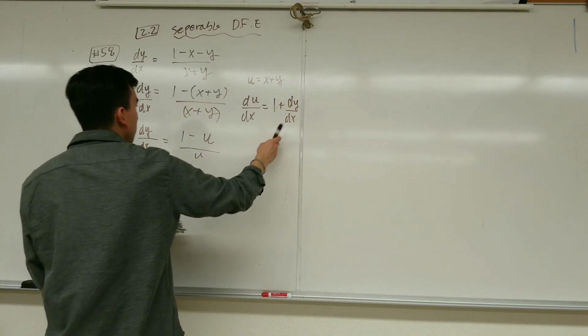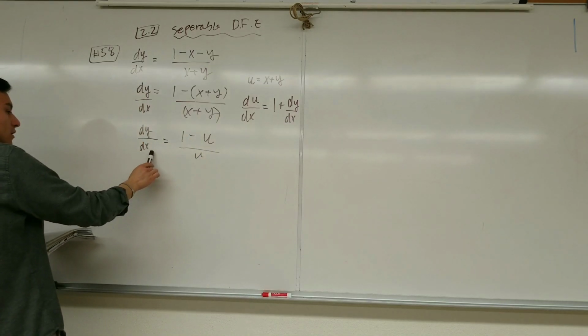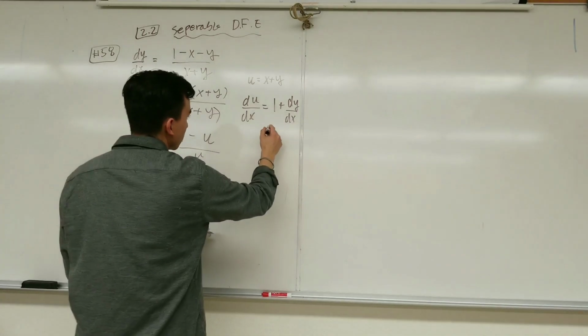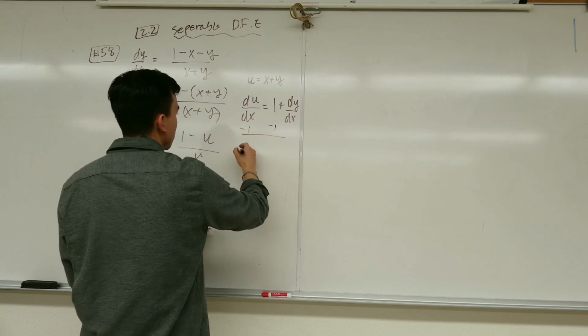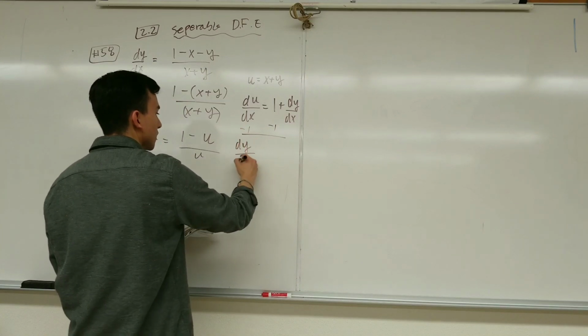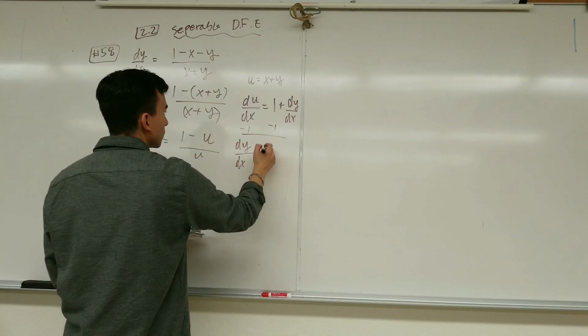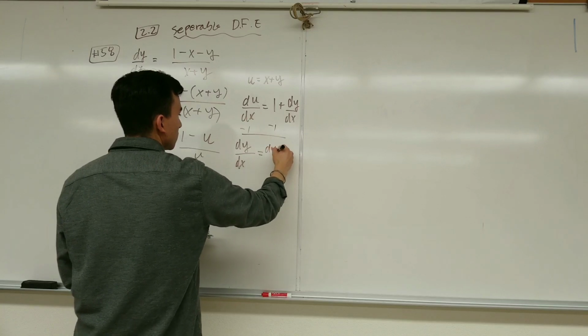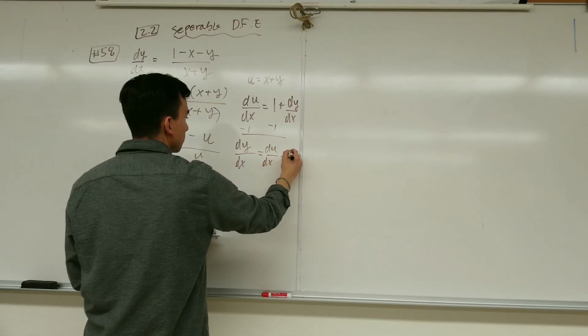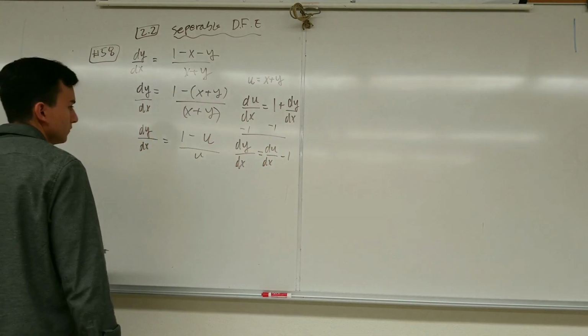And so now we have to solve for dy/dx. So how do we do that? Well, we just subtract 1 from both sides. And now we have dy/dx equal to du/dx minus 1. Great.